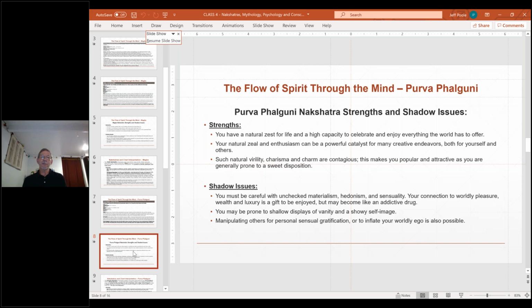So you have to be careful as you're enjoying all that sensuality and the materialism that can flow from it, that you realize it's just all stuff. It's part of the illusion. And in this particular set of nakshatras in Leo, we can get pretty fixed to things being the way they are, because Leo is a fixed sign and doesn't like to change.